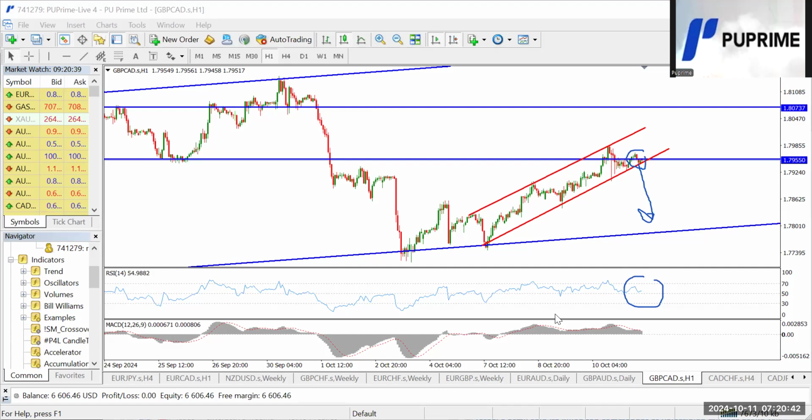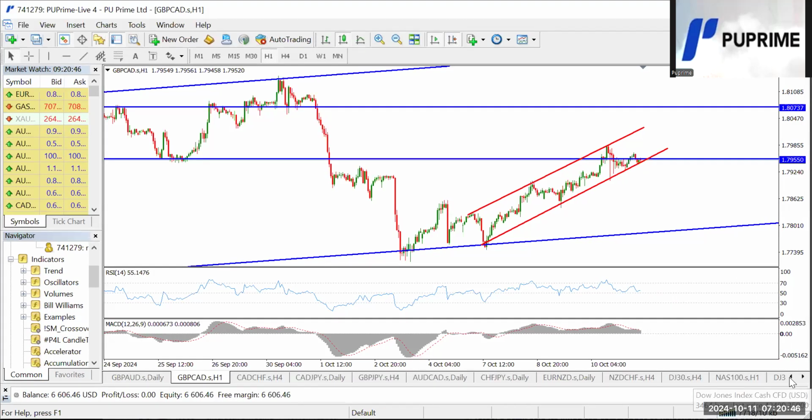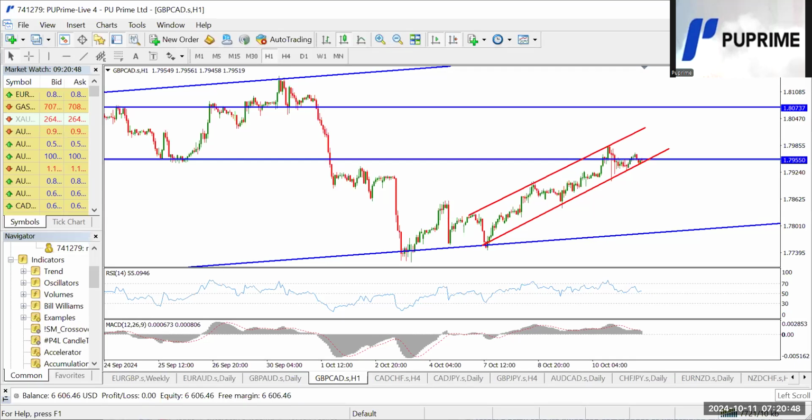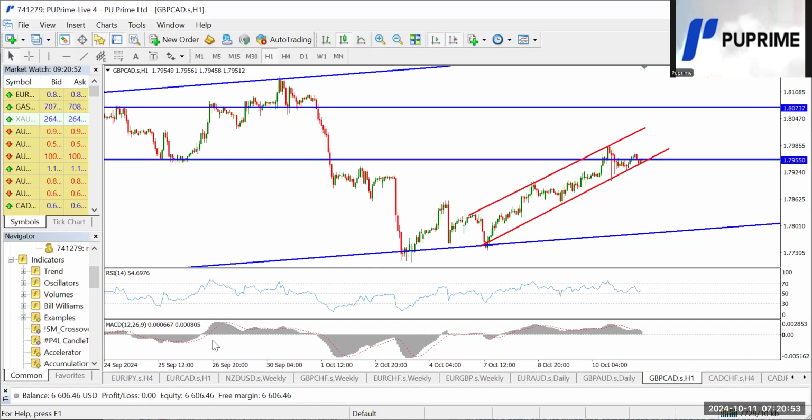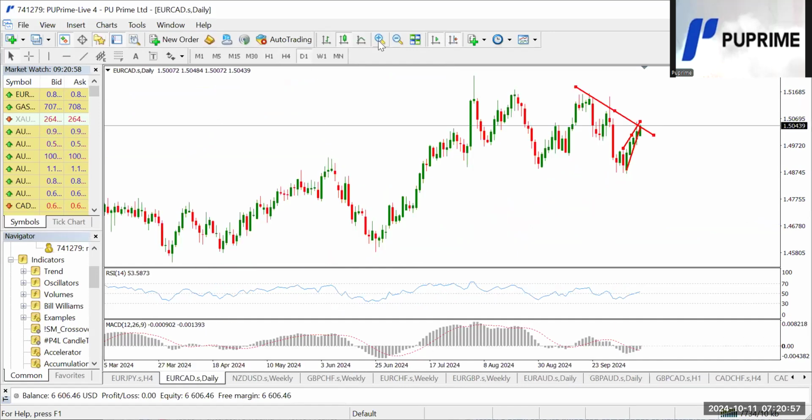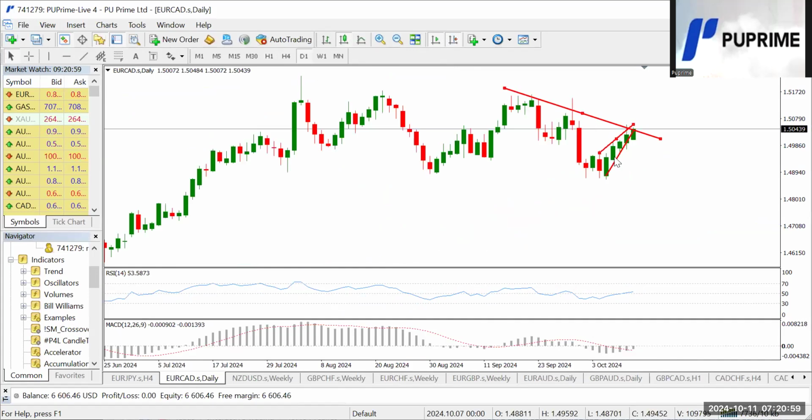And finally, we have the Euro card, all of them having the same outlook. All right, so this is the Euro card. Now for the Euro card on the daily time frame, we can see that we have a descending trend line that connects these 3 points here.